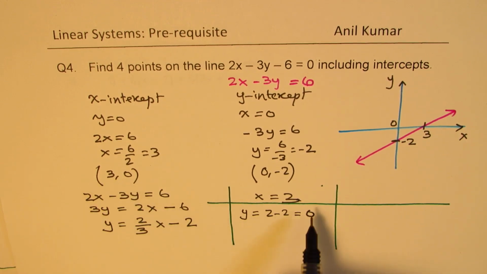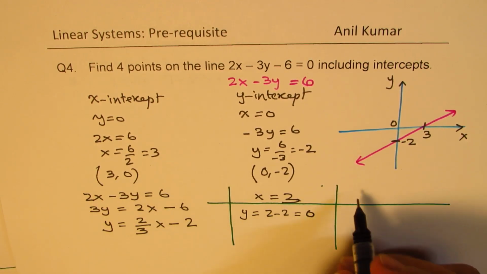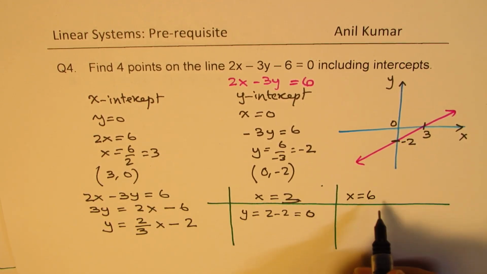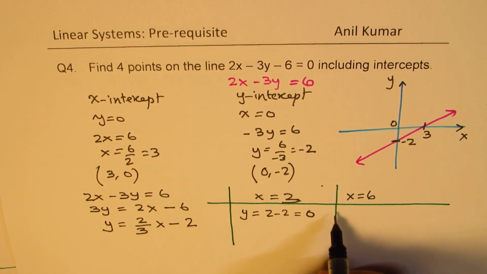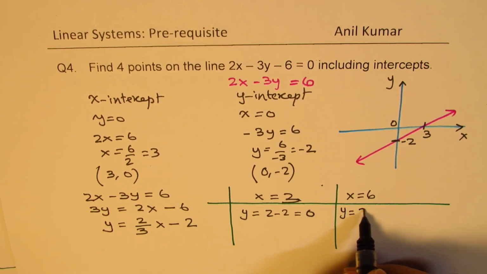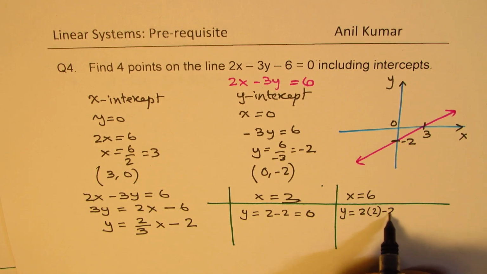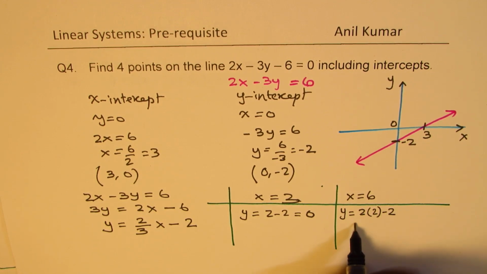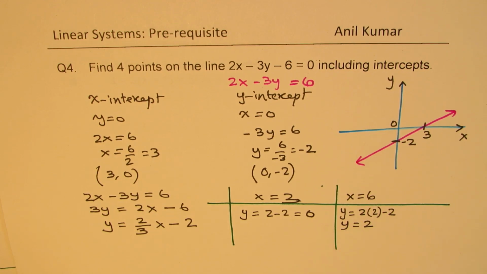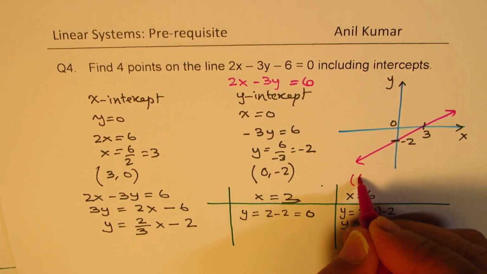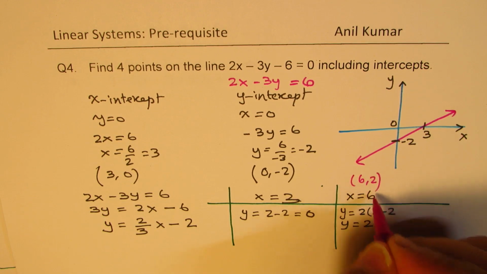So we already have that point. Let's take x equals 6. If I write x equals 6 here, we get y equals 2 times 2 minus 2, and that value is basically 4 minus 2, which is 2, right? So we get another point, which is 6 and 2.